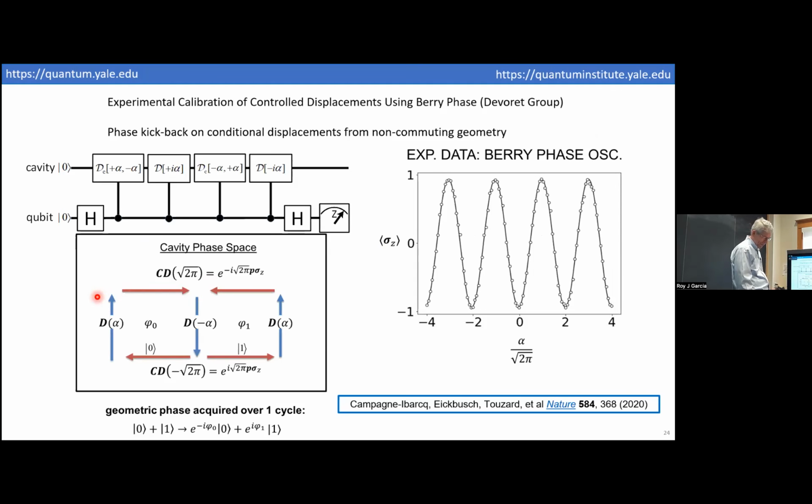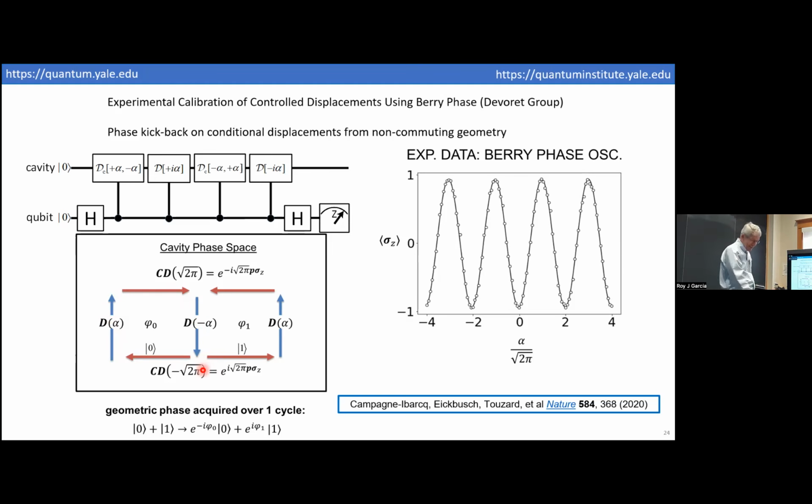So here's an experiment done in Michel Devoret's group. You take the qubit, you apply Hadamard, so it's in a superposition of 0 and 1. And then using these control displacements, you take state 1 around a counterclockwise loop in phase space using these spin-dependent forces. So the qubit is in 1, cavity goes in a counterclockwise loop. Qubit is in 0, cavity goes in a clockwise loop. So they pick up opposite Berry phase, but you end up back in the same state.